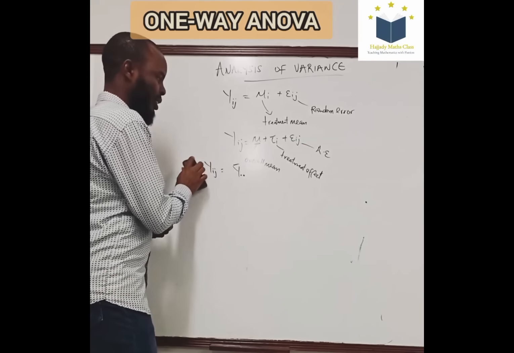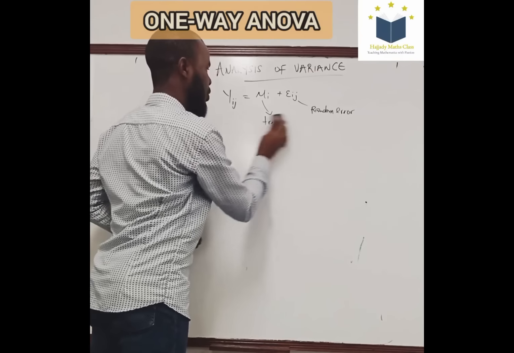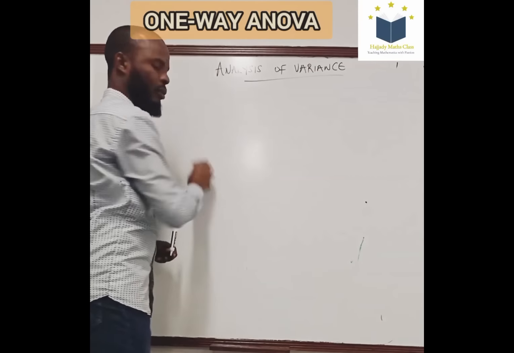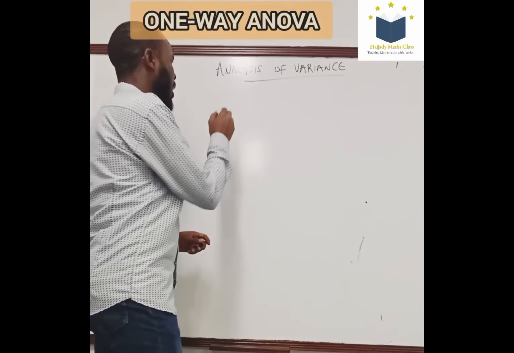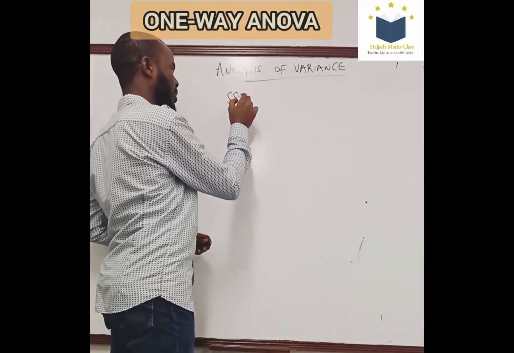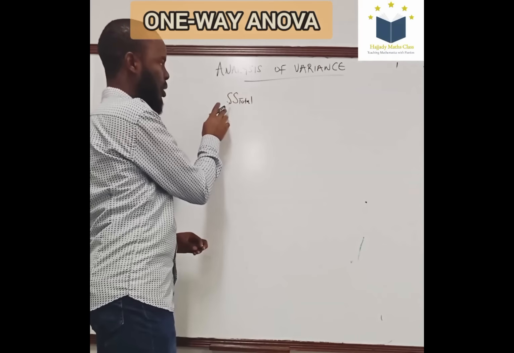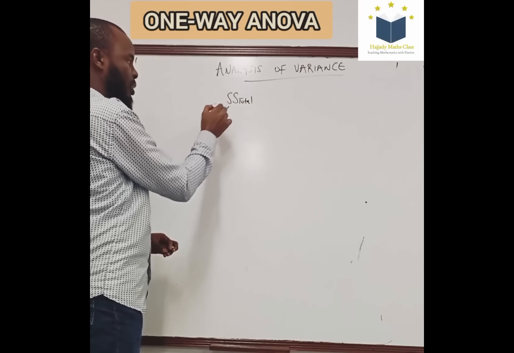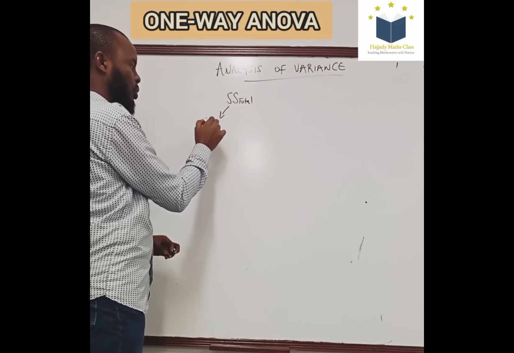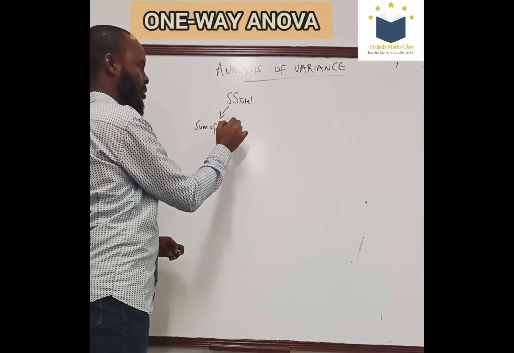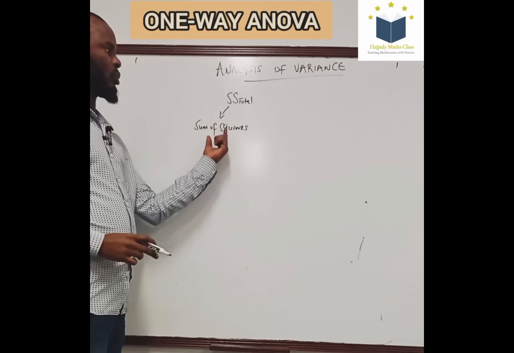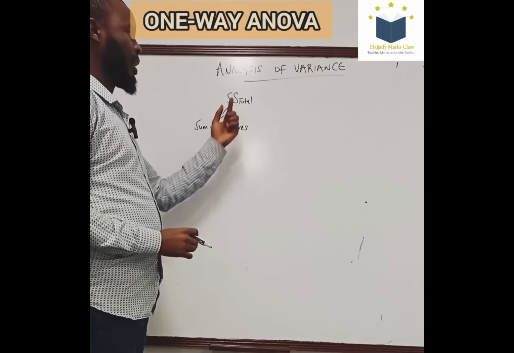So now, under the decomposition of the sum of squares, I have my SS total. When I use the word SS, this means sum of squares.